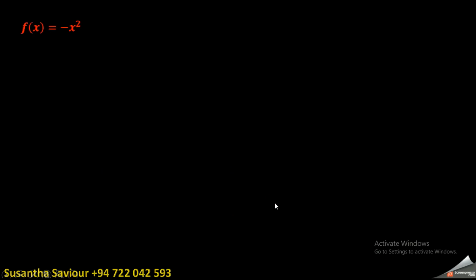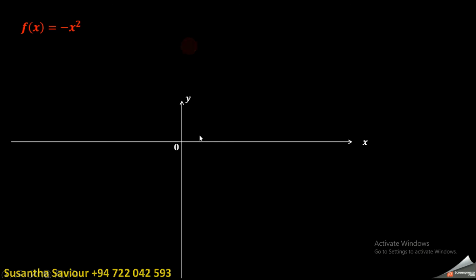Now we have a function y equals minus x squared. You know the graph of this, right? This is a very simple thing. The graph is like this. It's a maximum curve. Now we will look at some transformations of this basic curve. f(x) minus 1 means minus x squared minus 1.